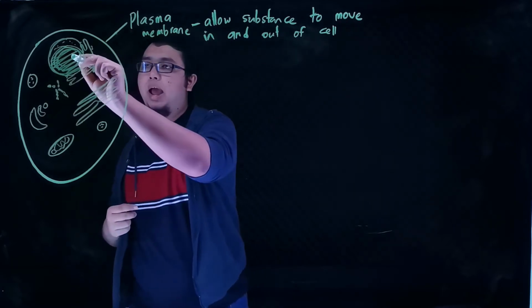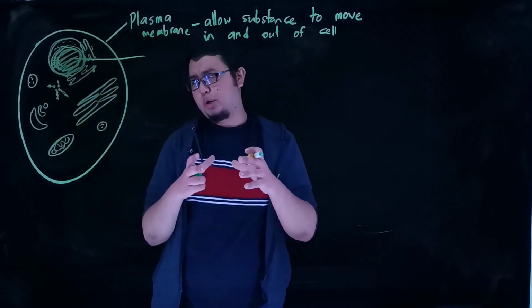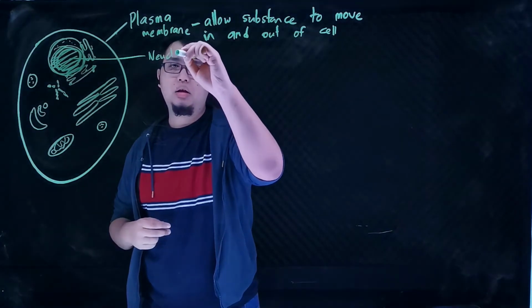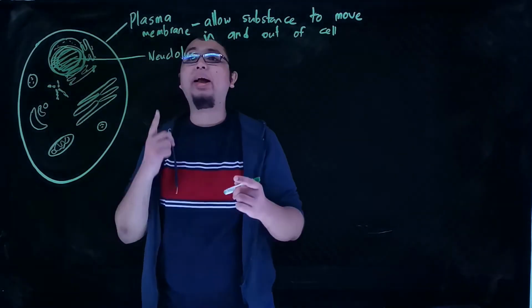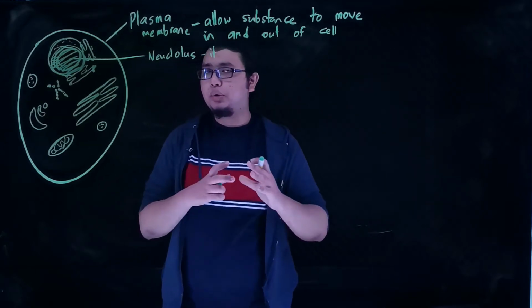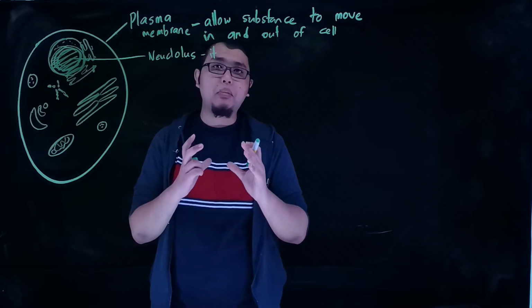And then we have the center of our nucleus, which is the nucleolus. So what does the nucleolus do? It produces, similar to DNA, what we call the mRNA.